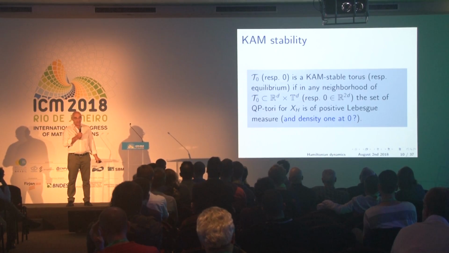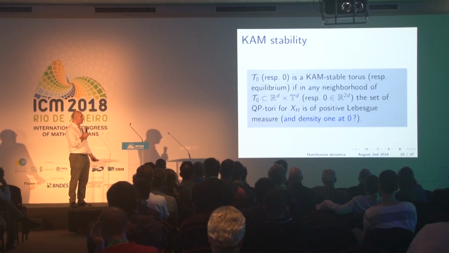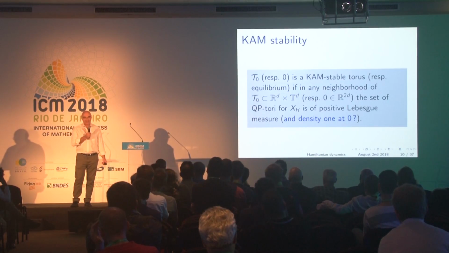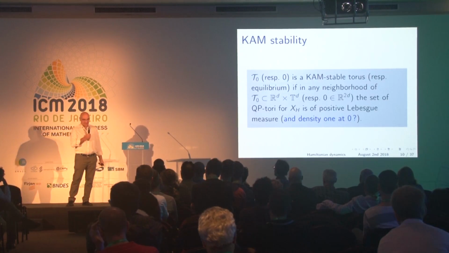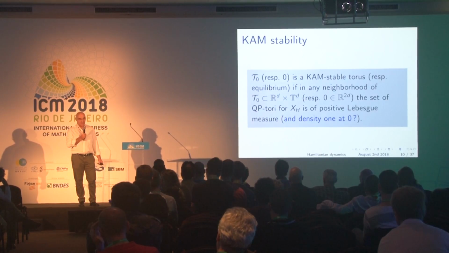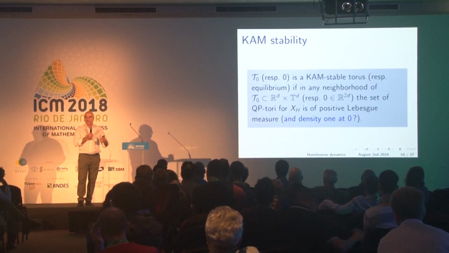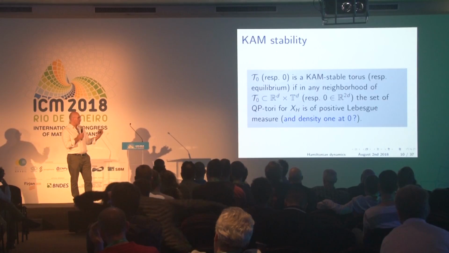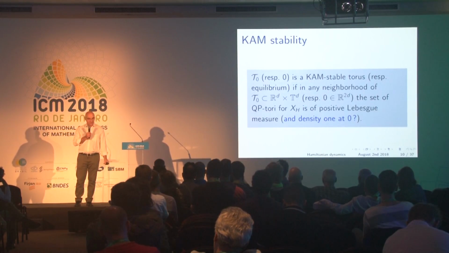If in any neighborhood of T0, the set of quasi-periodic tori for the Hamiltonian flow is of positive Lebesgue measure. So in that sense, when we say that there are many invariant tori accumulating at T0, it's in a measure theoretical sense. You've got a stronger notion, which will be the notion of being of density 1 at 0. So if you look at the measure occupied by these tori, they have density 1 close to the torus T0.